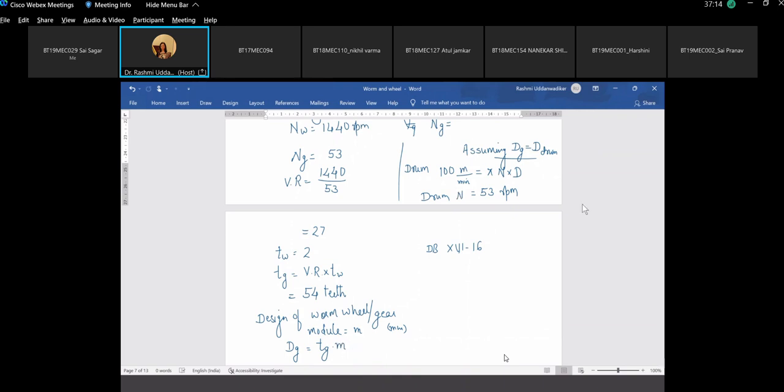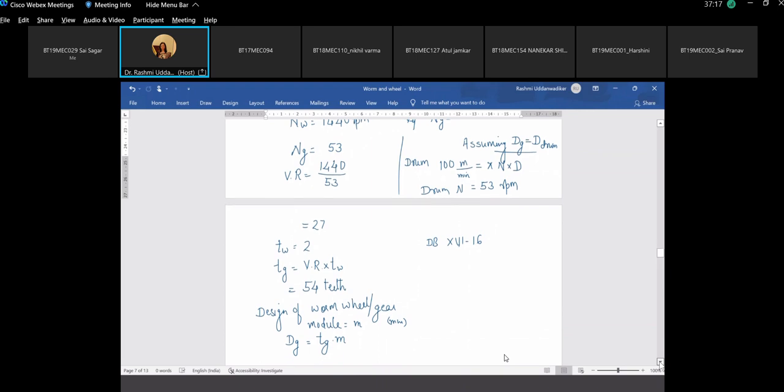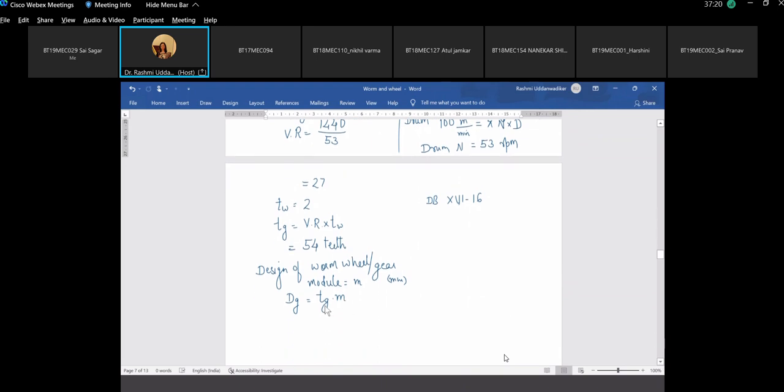Initially this was just an assumption to get a range of N. Now this is the actual module times number of teeth, so the pitch line velocity for the gear is Vp = π dg ng / 1000, in meters per second. dg is m times tg, ng let it be 53. So give me what is Vp in terms of module m.